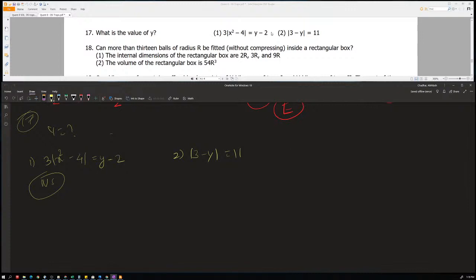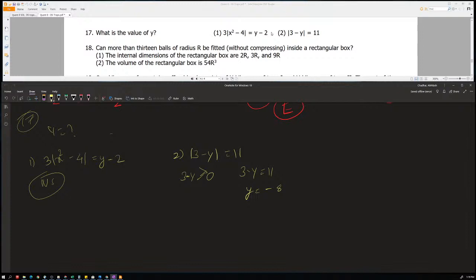So first of all, we will take that 3 minus y is positive, greater than 0. That means 3 minus y is equal to 11, and we get the value of y as minus 8. So 3 minus y is greater than 0 and this value is 8, so minus and minus becomes plus, and this becomes positive, which is right.